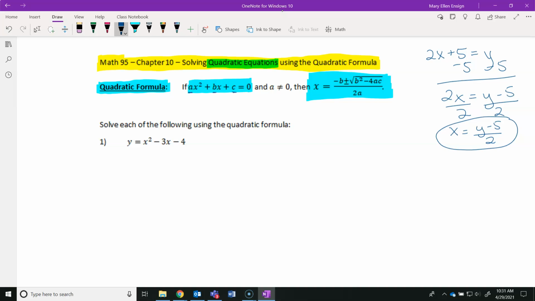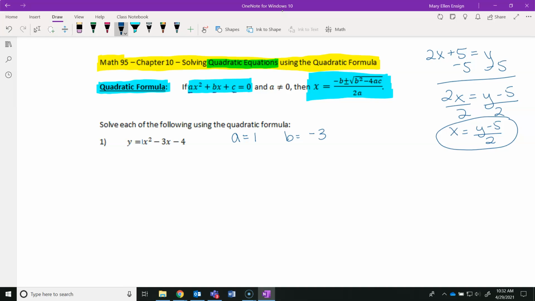So let's go ahead first and figure out what our A, B, and C are, and then it's just a matter of plugging in and really carefully working through that work. So in this case, A is whatever is in front of the x squared. It's a 1. B is whatever is in front of the x.